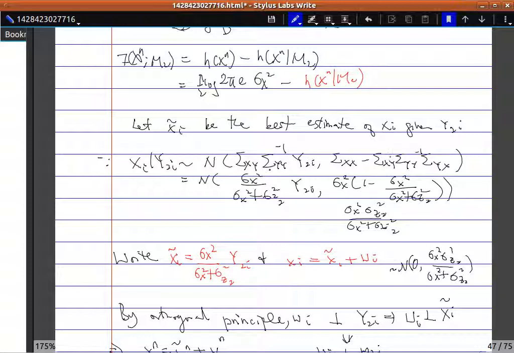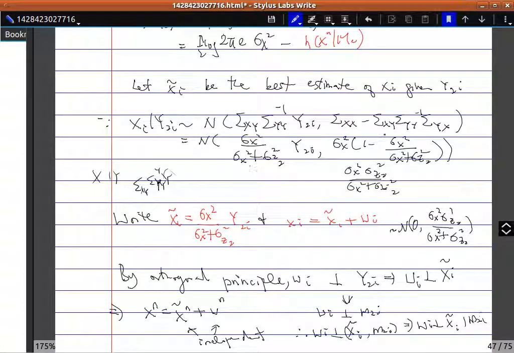I have another video that talks about this: for a conditional Gaussian random variable, if I have x given y here, and assume that y and x are both zero mean, then the mean of this conditional random variable will be sigma xy times sigma y inverse times y, where y is basically the observed y, and the corresponding variance will be sigma xx minus sigma xy sigma y inverse sigma yx.